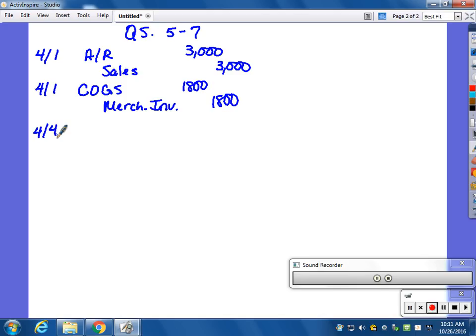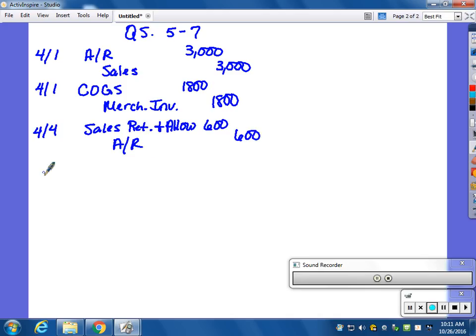They returned merchandise back to us, which means we have to do what? Debit sales returns and allowances, because we gave them a credit, right? And credit what? Accounts receivable, because we're decreasing their accounts receivable account because they returned back $600 worth of product to us.